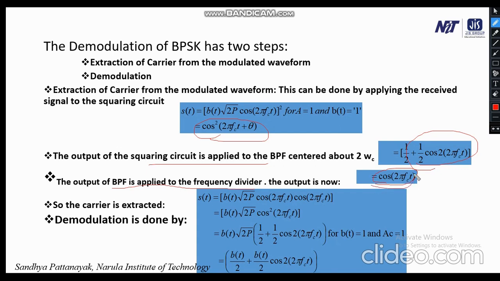This cos 2 pi fct, or cos omega ct, is the carrier signal that was used for generating the BPSK waveform. In this process we extract the carrier signal from the modulated waveform. This is the first step of the BPSK demodulation.